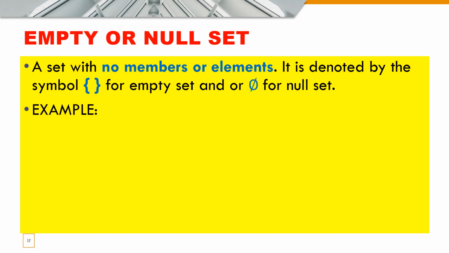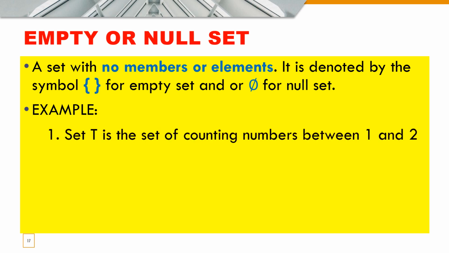Okay, example. When do we say that a set is null or empty? If it has no members or elements. Set T is the set of counting numbers between 1 and 2. May counting numbers ba na nasa pagitan ni 1 at saka ni 2? Right.